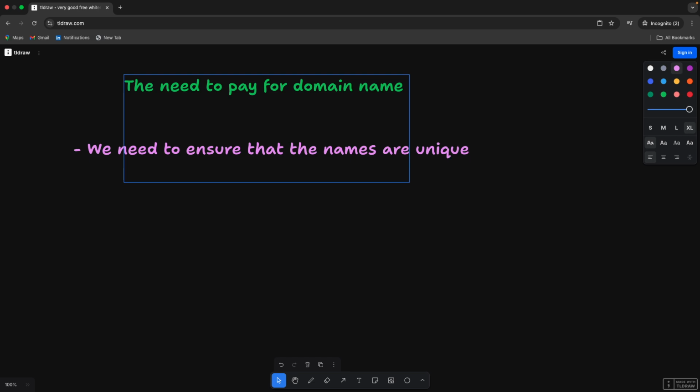Just imagine that situation: the thing which is going to resolve and do the mapping will get confused. So the first thing we need to ensure is that the names are unique.